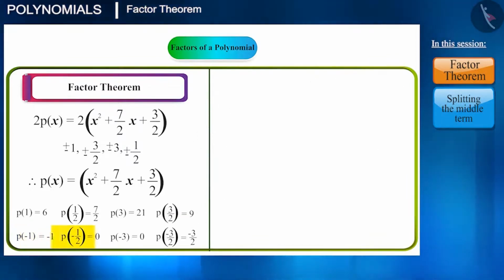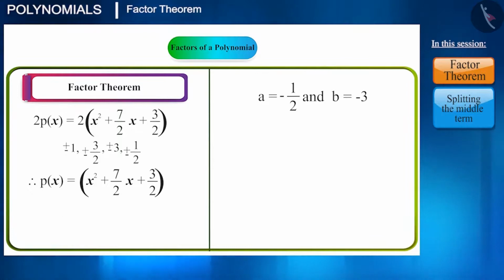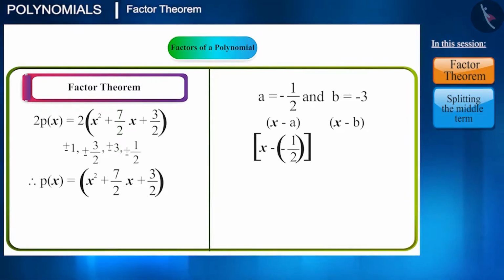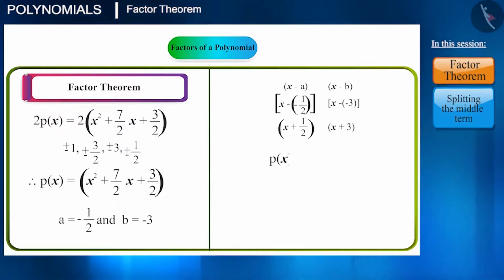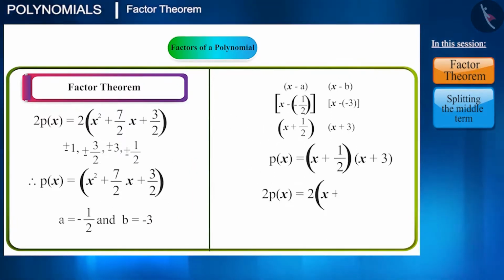P of minus 1 by 2 will be 0 and p of minus 3 will be 0. We get the values of a and b. Now, we can write them in terms of factors of polynomials as x plus 1 by 2 and x plus 3. And finally, we get only 2 factors of this polynomial as it is a quadratic polynomial.